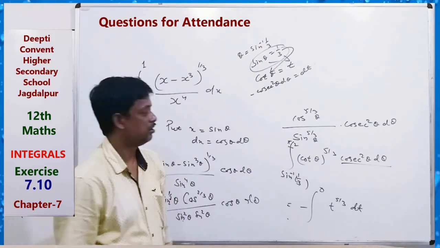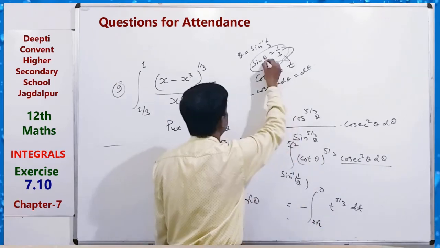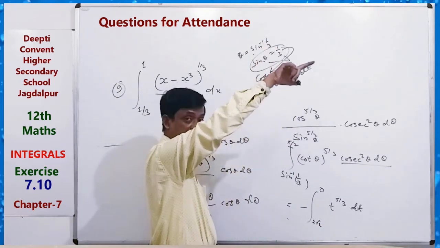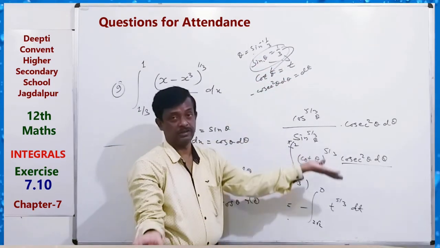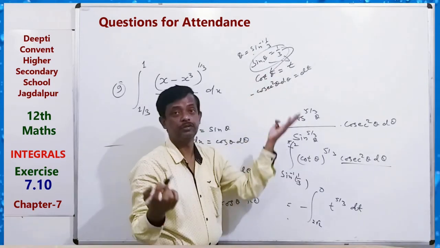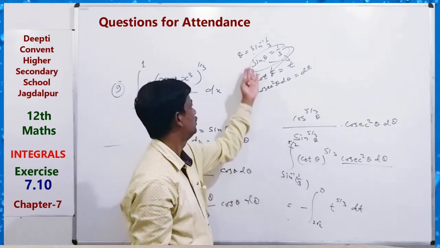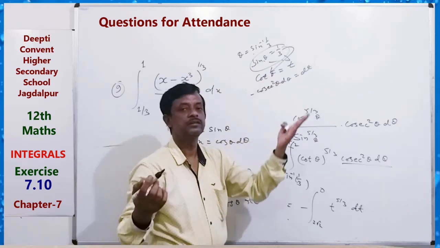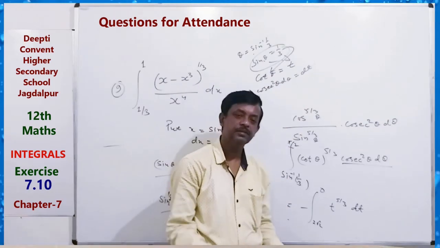What will be the value? Okay, the value will be 2 root 2. You have to find, for theta equals sin inverse 1/3, sin theta equals 1/3, what cot theta equals; that will be the value of t. And when theta equals pi/2, cot 90 is 0, so t equals 0. By solving this we can get the result.